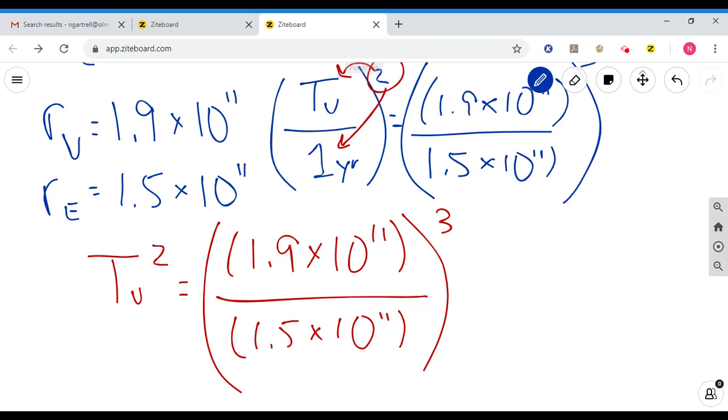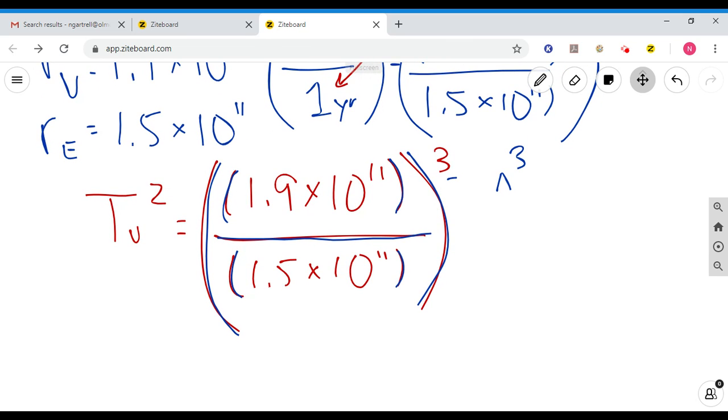So when I plug it in, I'm going to do parenthesis, 1.9 times 10 to the 11th, close the parenthesis, division sign, parenthesis, 1.5 times 10 to the 11th, close this to the third power. So I just use the little caret 3 after the parenthesis and hit enter.